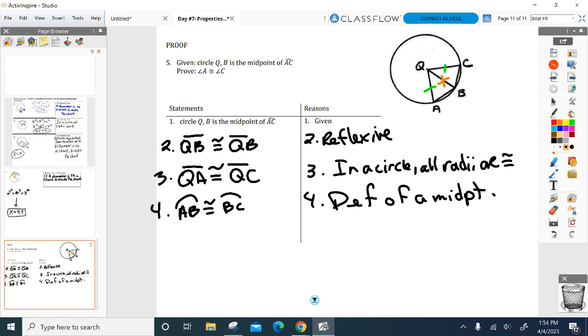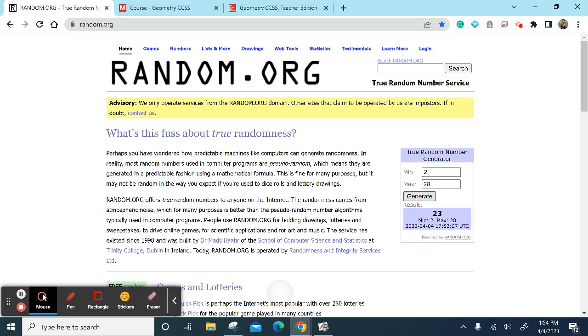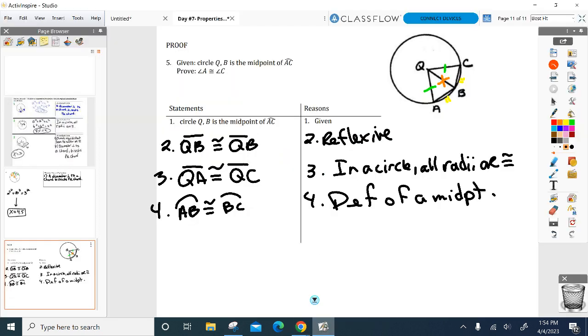All right, that gives you a little power now. If the arcs are congruent, there are two ways we could end this proof. Which way do you want to go?